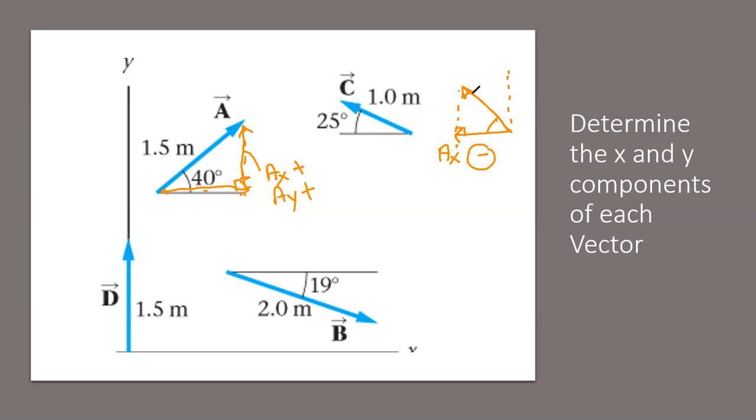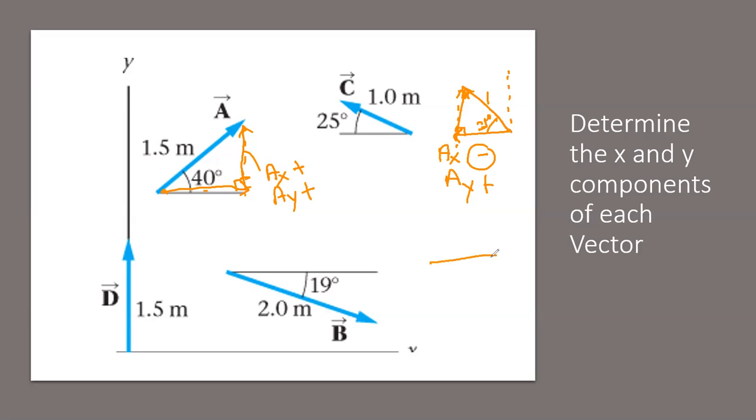Why? Because my arrow points this way, but your AY is going to be positive because it's going up. And you know this length, you know the angle 25, so use the cosine and sine relations.